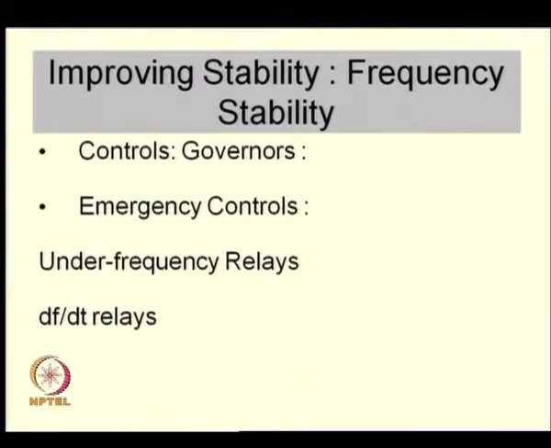Now, in addition to governors, remember that the loads themselves are frequency dependent, but that frequency dependence is not very strong. Okay. So, if you do not have governors and there is a load generation imbalance, the frequency changes and it settles down because the loads themselves are a function of frequency. Okay.